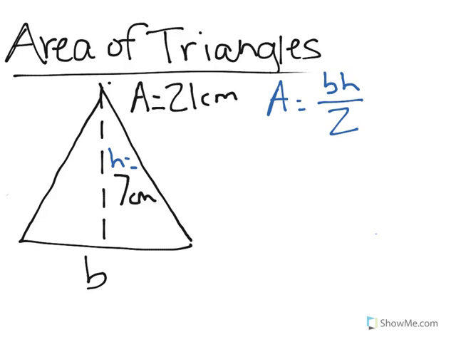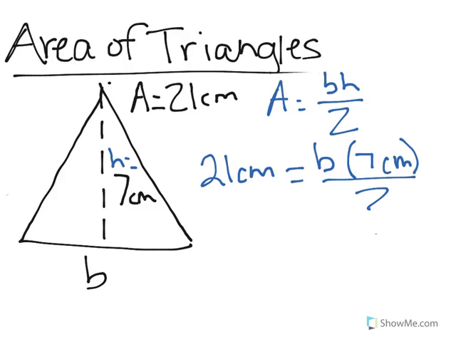Do I know my area? In this case, yes, I do. My area is 21 centimeters. Do I know my base? No, I do not, so my base is B. Do I know my height? Yes, my height is 7 centimeters. Divide by 2.